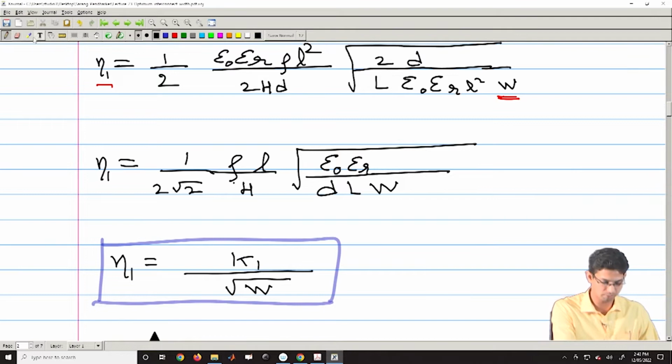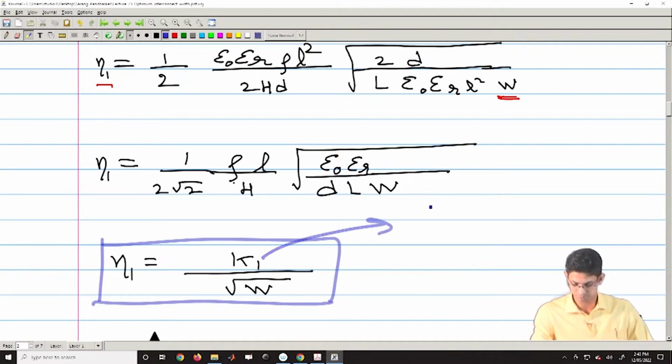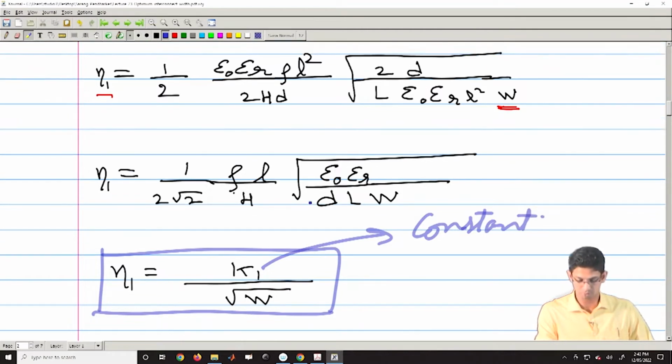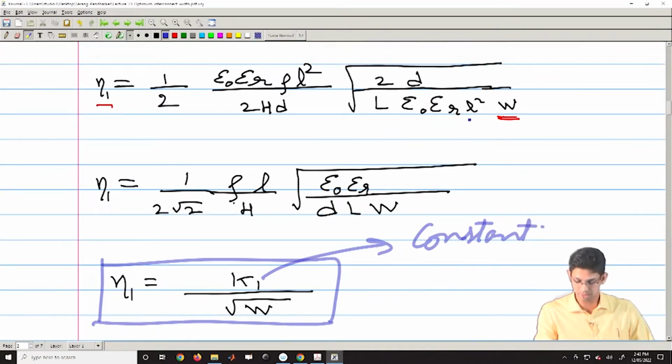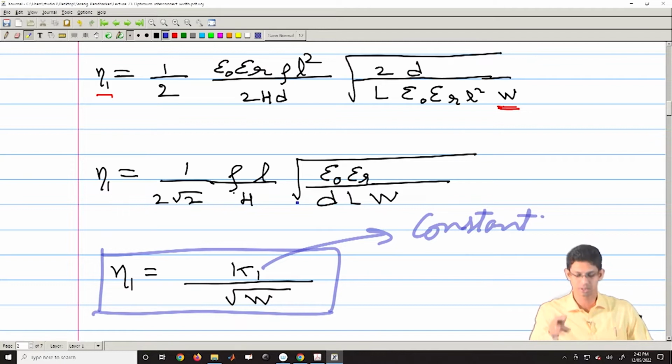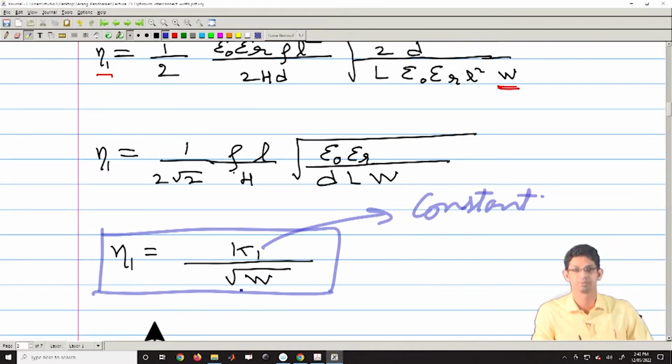K1 is some constant. We are not varying the length L square, or the inductance and other things. If we keep all other parameters fixed, we just want to understand how this eta 1 depends on W. So, we can replace all other things by some constant. So, we get a proportionality equation of this form.